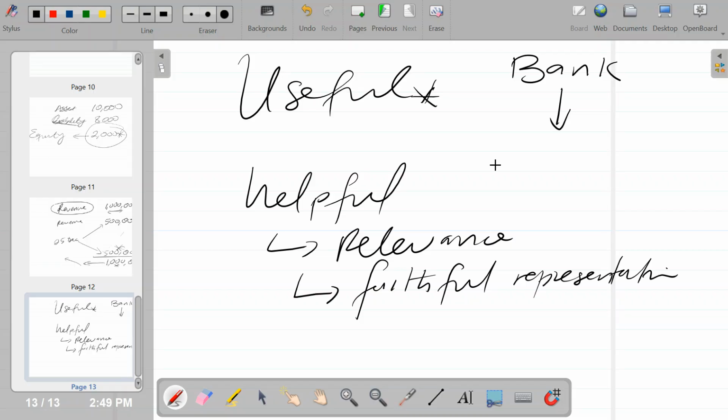So what relevant information will you look at? Anyone to help us as a bank? Before you can give a loan, what relevant information will you need, to decide that, okay, based on this, we will give the loan to the person?